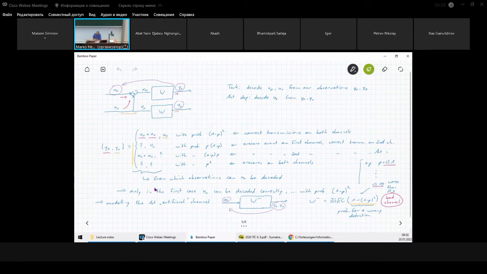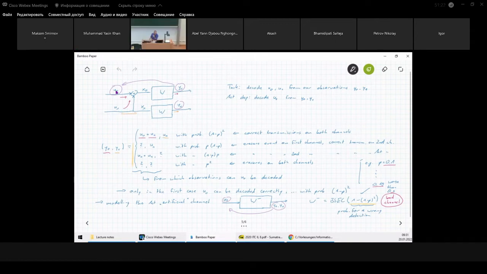And then we basically thought about in which case it is possible to actually detect or estimate U0 from our observations y0 and y1. So notice, just in the first case, it will be possible. So if I know U1, and if I know the sum of U0 and U1, I can determine U0.